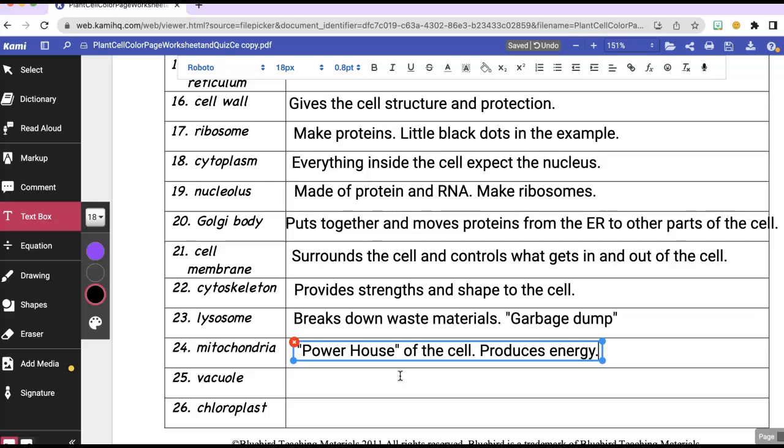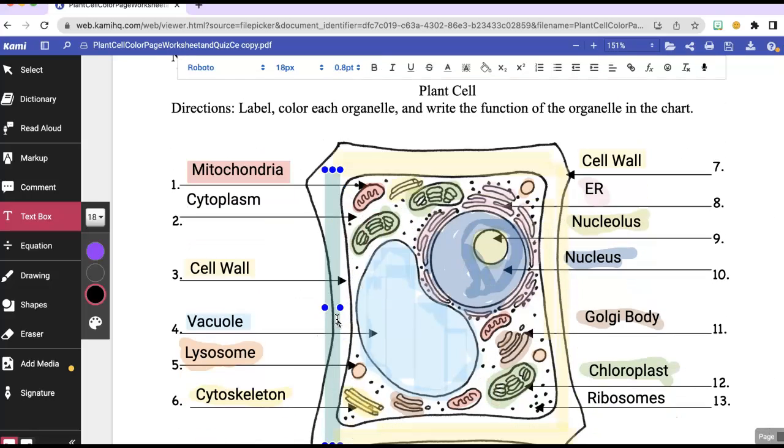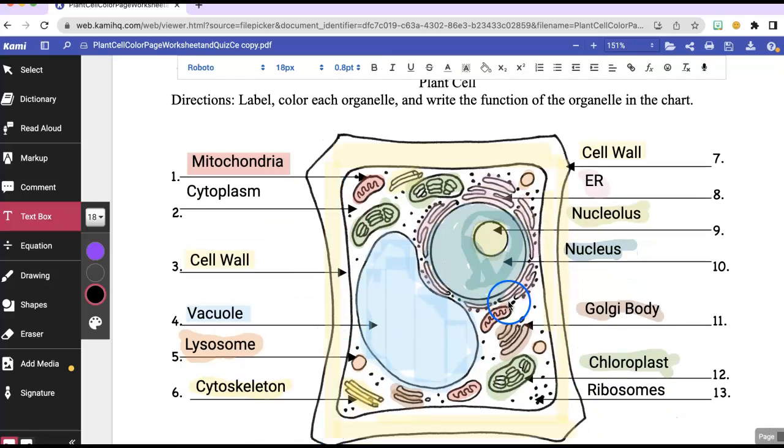Number 25 is the vacuole. The vacuole is on our example right here at number 4. In a plant cell, the vacuole is rather large. We talked a lot about this yesterday, about what happens if you don't water your plants.